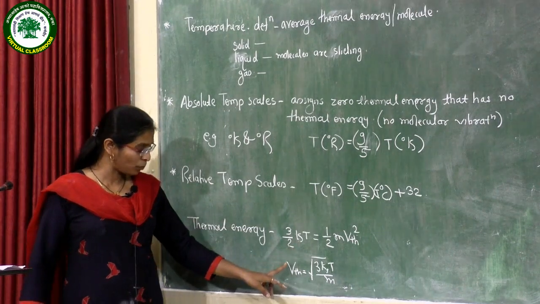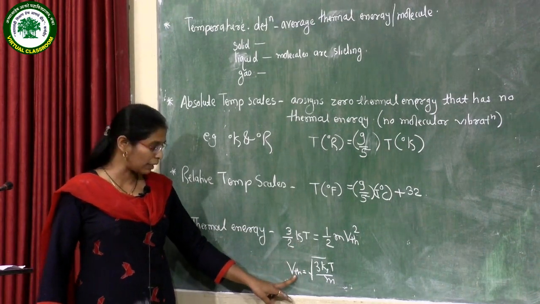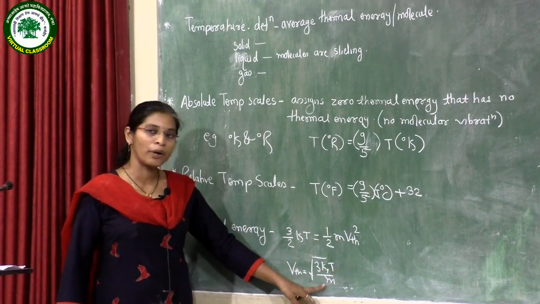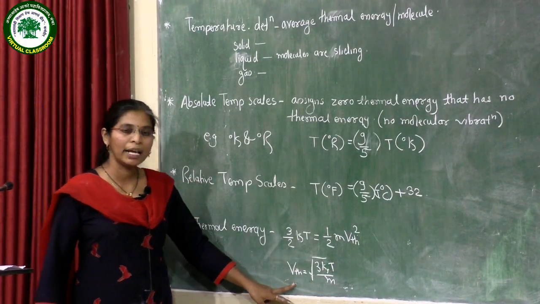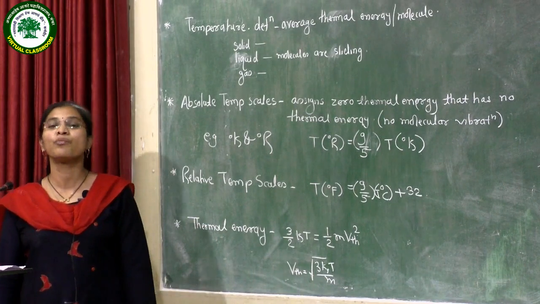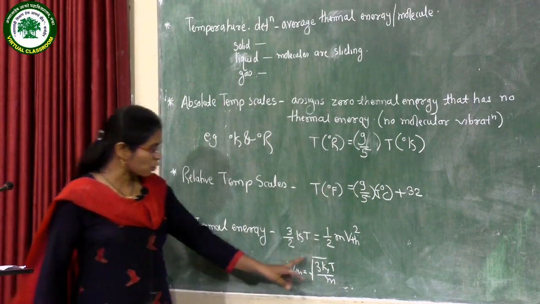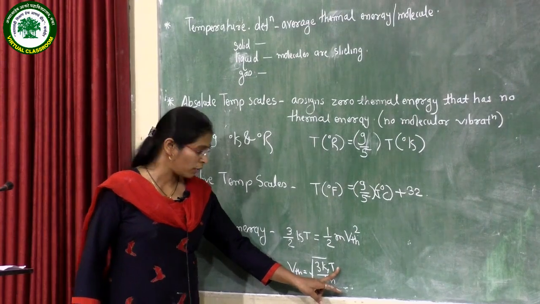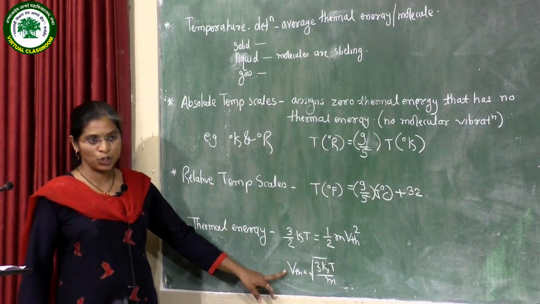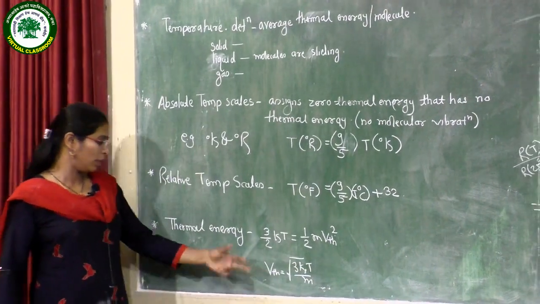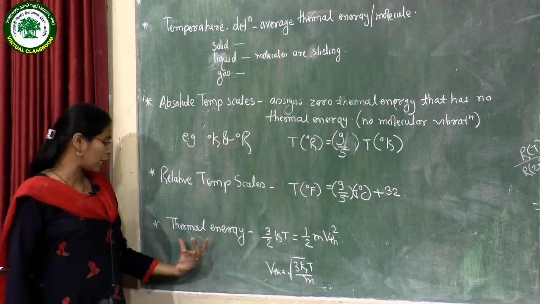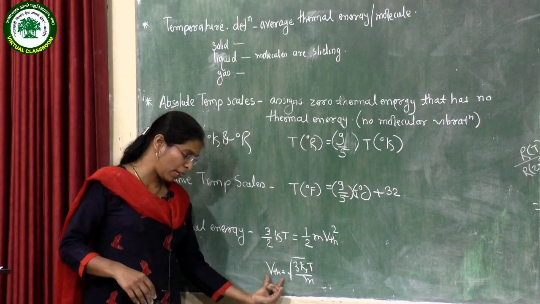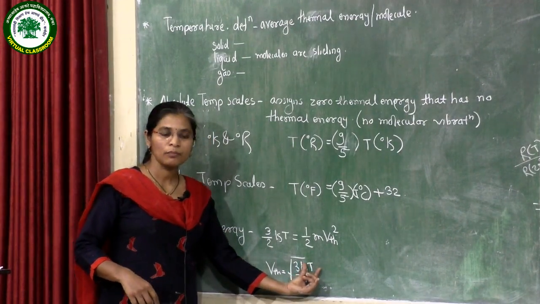From that we get Vth equals square root of 3kT upon m, where Vth gives us the speed of the molecule, and this equation shows how variation of temperature changes the speed. So this is the way to represent thermal energy, as it correlates speed with temperature.